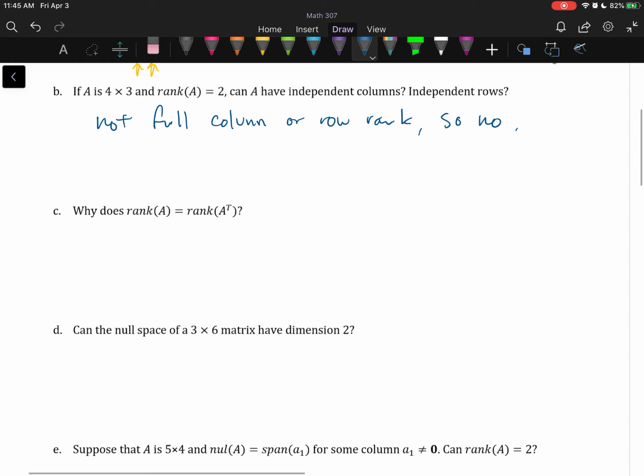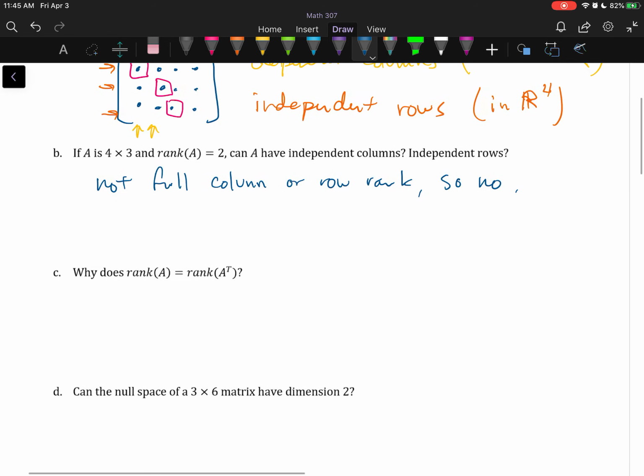All right, why does the rank of A equal the rank of A transpose? Well, basically, either way you flip it, it's going to have the same number of pivots. Either way you flip, same number of pivots.